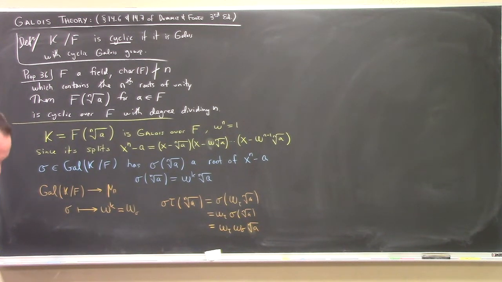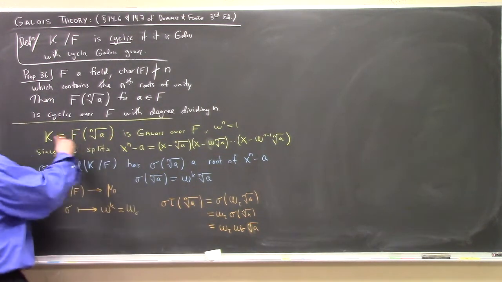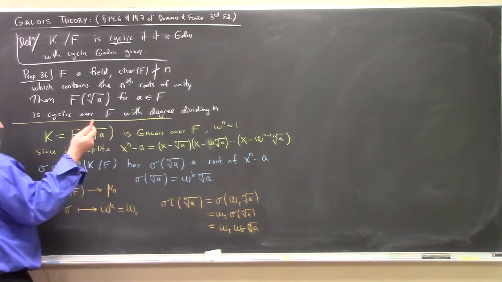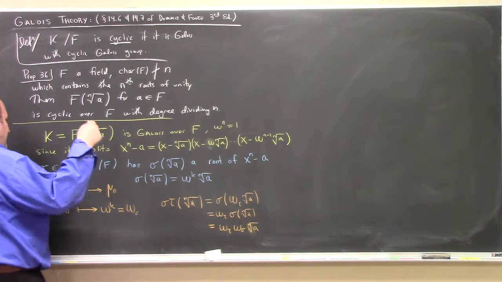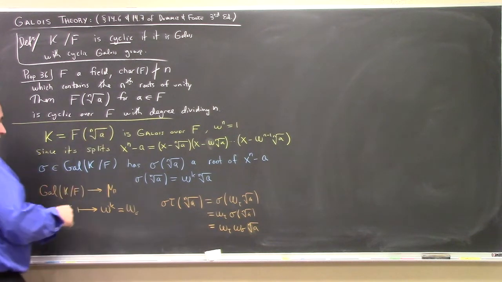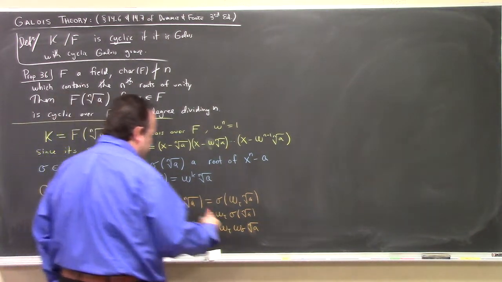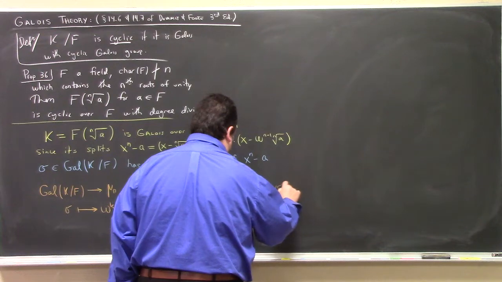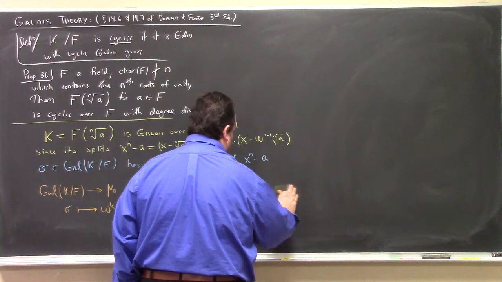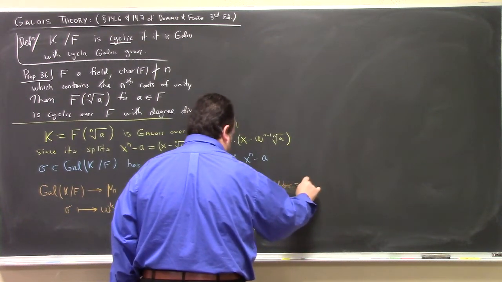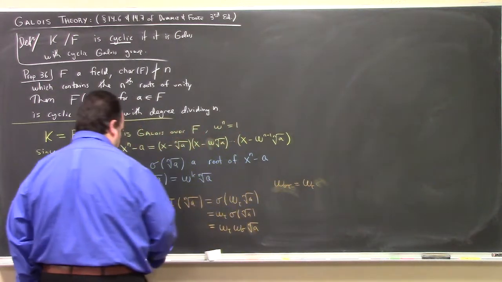And he says, since an F-fixing automorphism of K is defined by its action on the generator, the nth root of A, that defines the mapping. So since these are equal on the nth root of A, it follows that omega sigma tau equals omega sigma times omega tau.